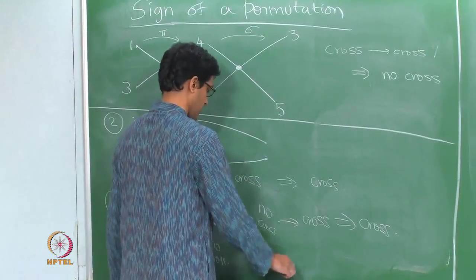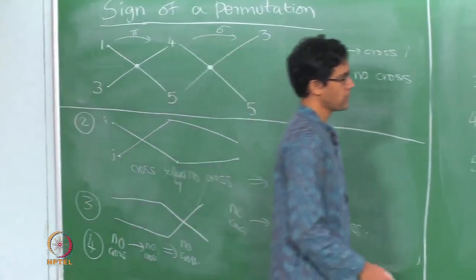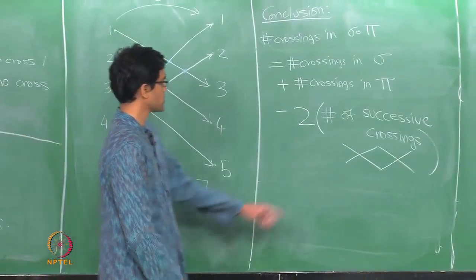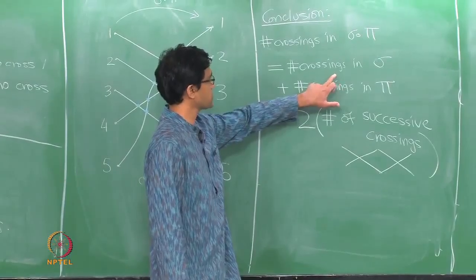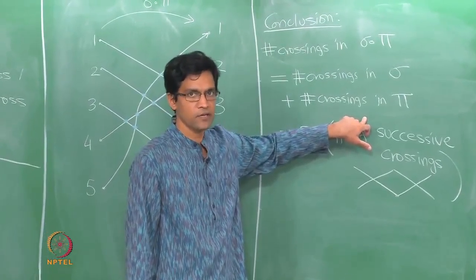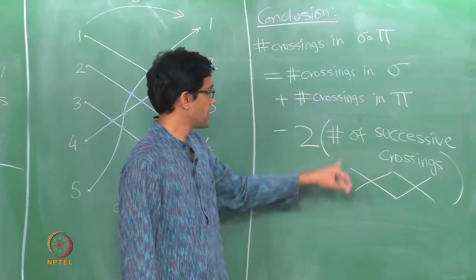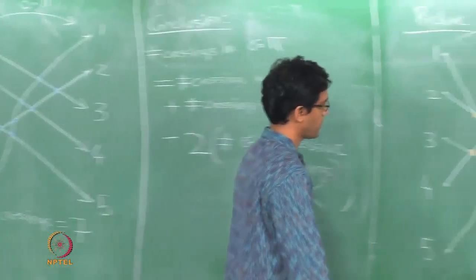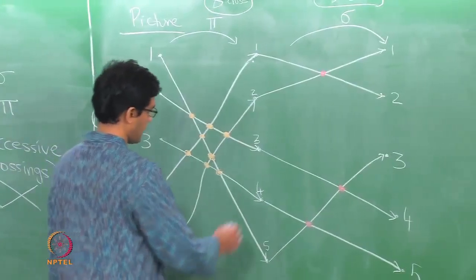So let's just look at the diagram and try and figure out how many configurations. So what do we need to do? We know the number of crossings in sigma is 3, the number of crossings in pi is 8, so 8 plus 3 is 11. Let's count the number of successive crossings in this diagram. So where can you get a successive crossing? Well, here is one.